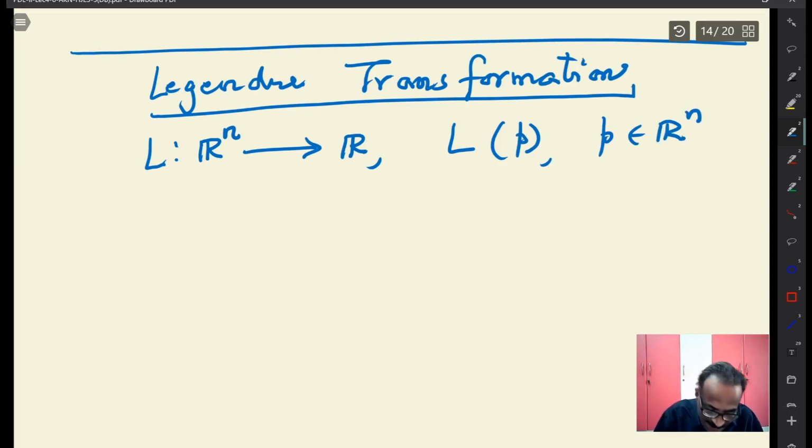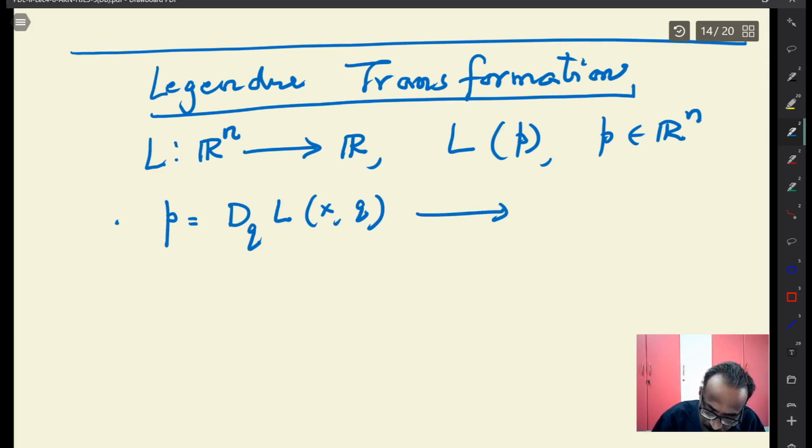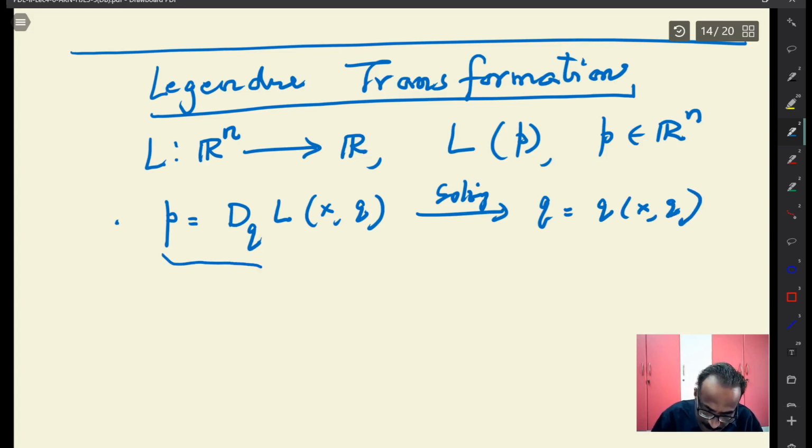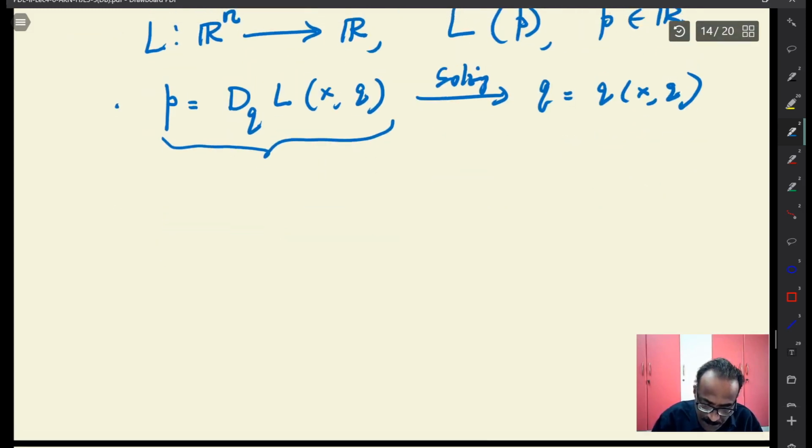Now look at the way P is defined here. Given P, you solve this equation. Solving, you get Q is equal to Q of X, P. Look at this equation you are solving.